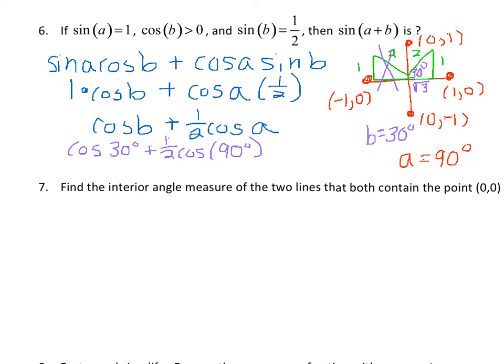So the cosine of 30 degrees is √3 over 2. And if I look at the cosine of 90 degrees, the cosine is 0 because the cosine is the x value. So now we just have 1/2 times 0. So our final answer would be √3 over 2.